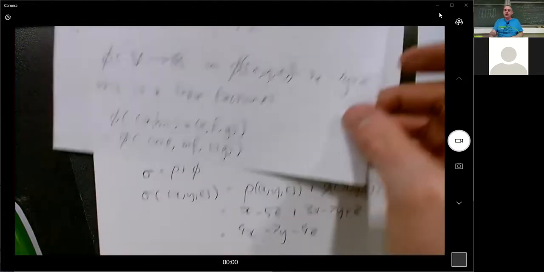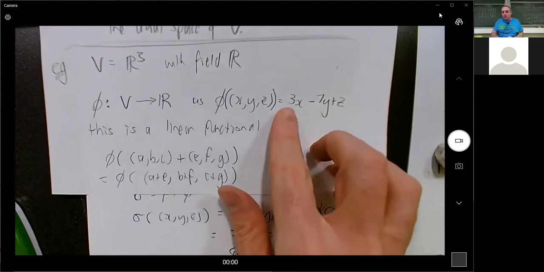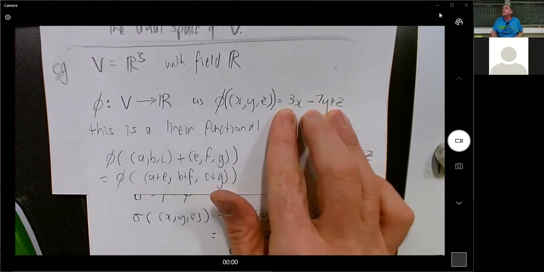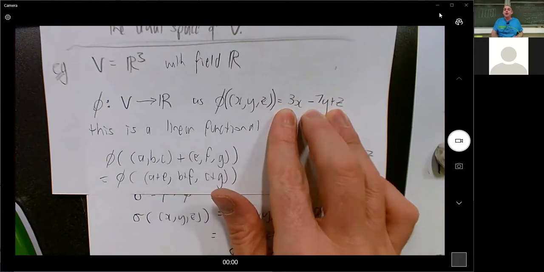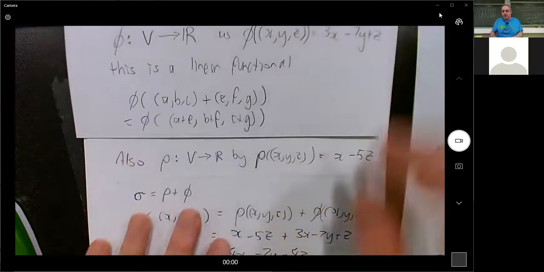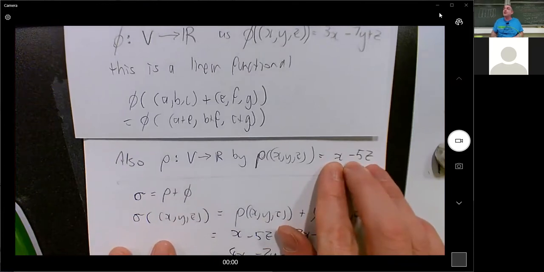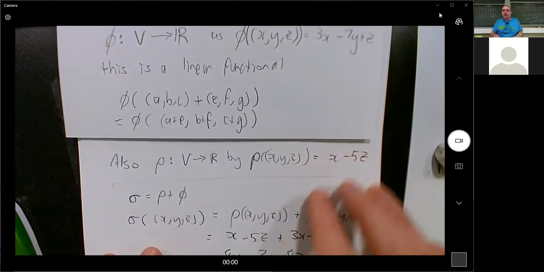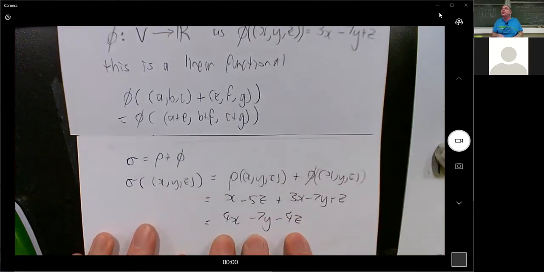Look very closely. The numbers 3, minus 7, and 1 are like coordinates. And the numbers 1 and 0 and minus 5 are like coordinates. And when I added these two functionals together, I added their coefficients. And so I could have represented these linear functionals as dot products if I wanted to.